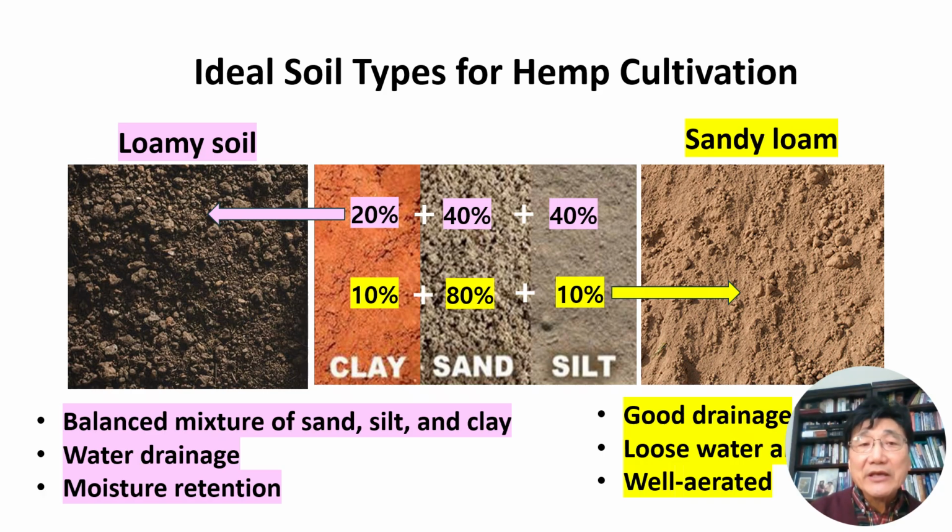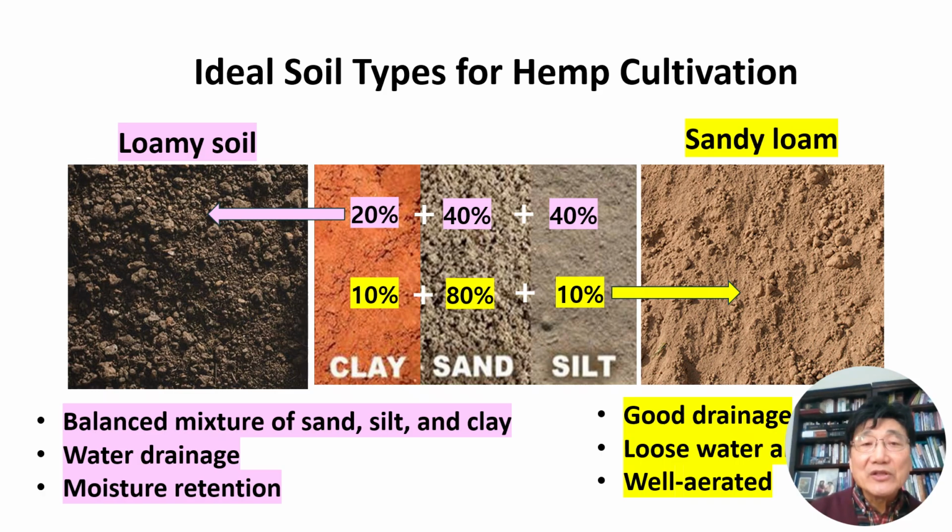Loamy soil is a balanced mixture of sand, silt, and clay, with good drainage and moisture retention. Because cannabis develops roots and grows rapidly, it needs soil that supplies both oxygen and moisture evenly.